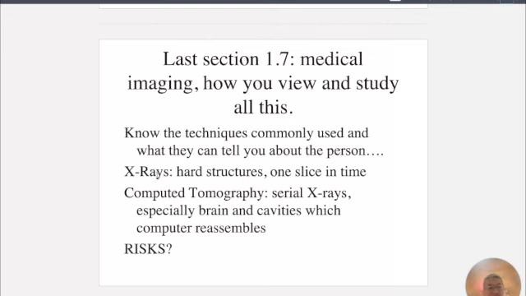CT scans are X-rays. CT scan stands for computed tomography. It's just a lot of X-rays put together into slices. So you get a lot of radiation with that.